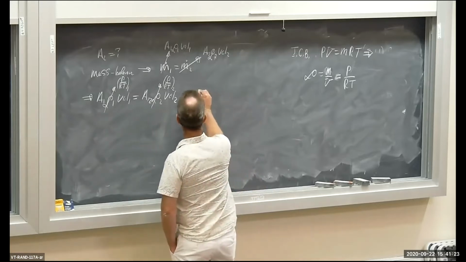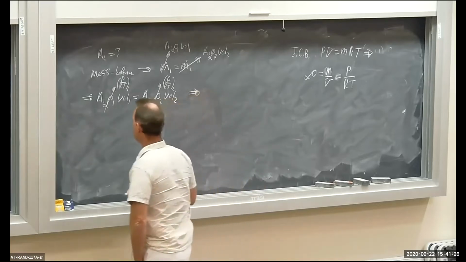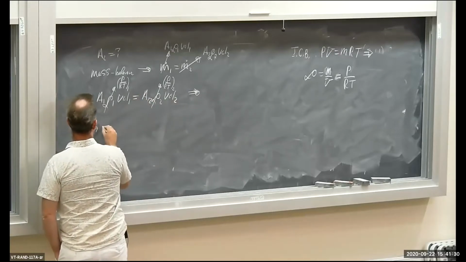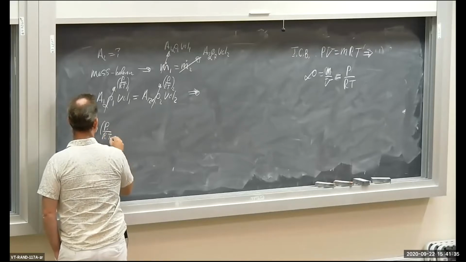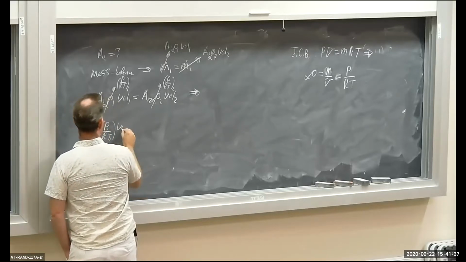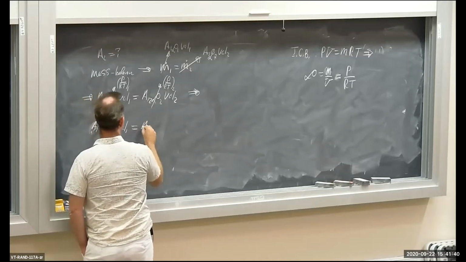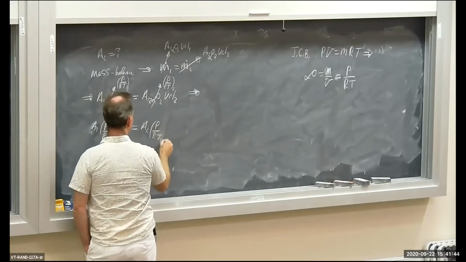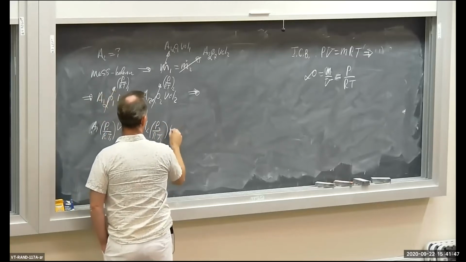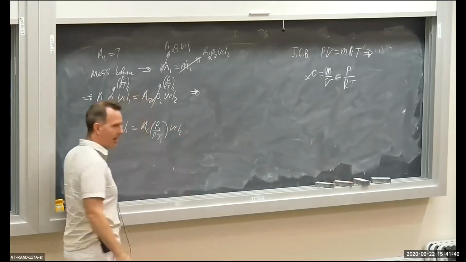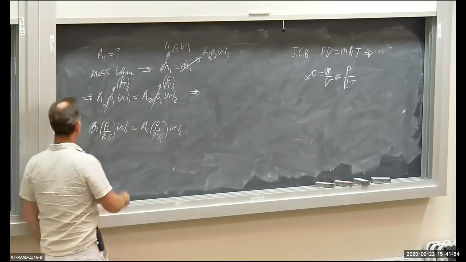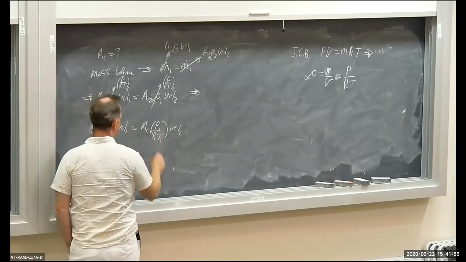So let's make our substitution here. A1, P1 over RT1, velocity 1 equals A2, P2 over RT2, outlet velocity. Via the ideal gas law, the gas constants cancel out, so we don't have to worry about plugging those in.